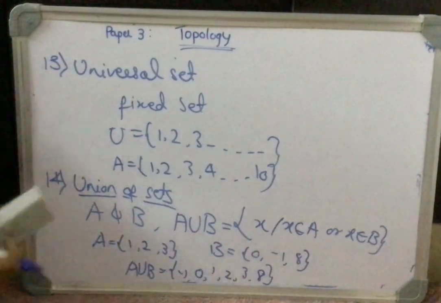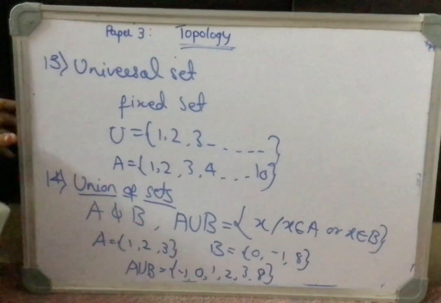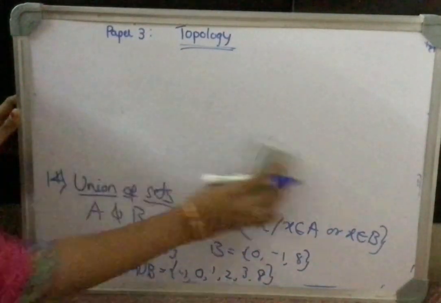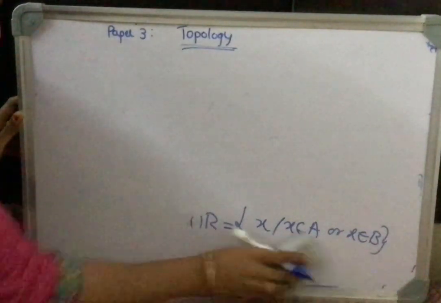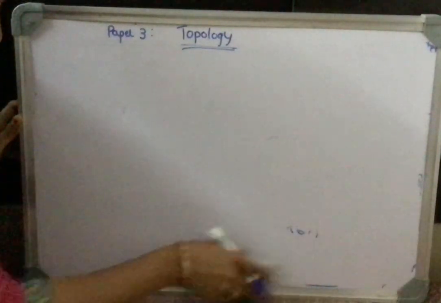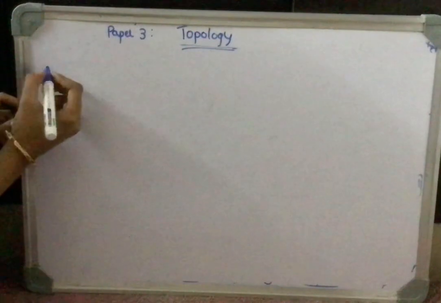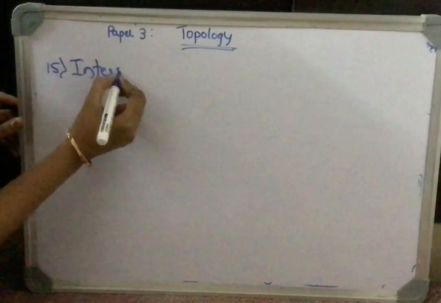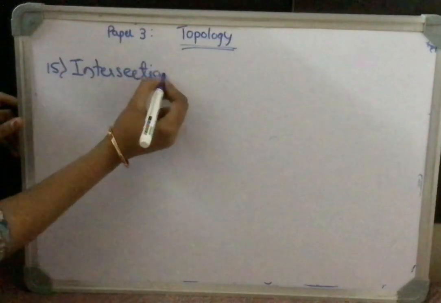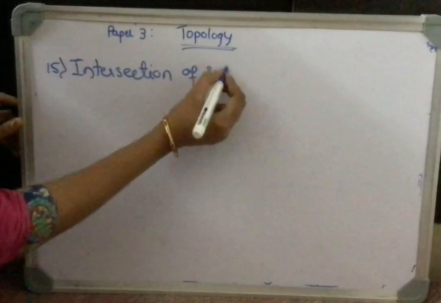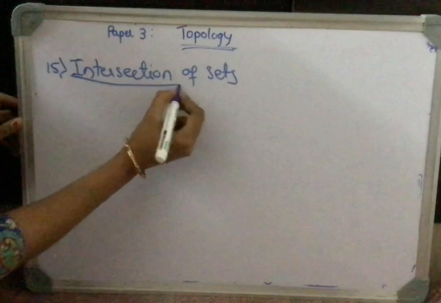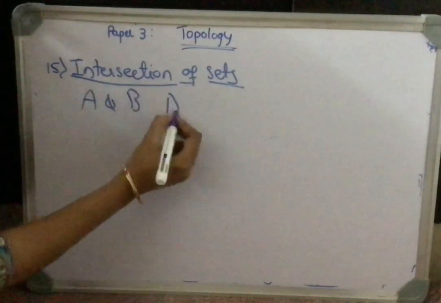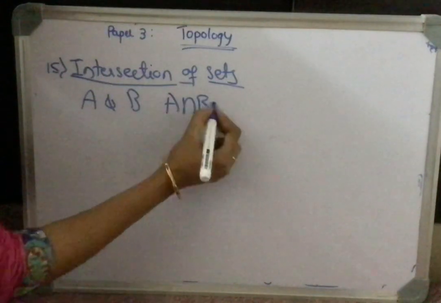Okay, next is intersection of sets. If A and B are any two sets, intersection is denoted by this symbol.